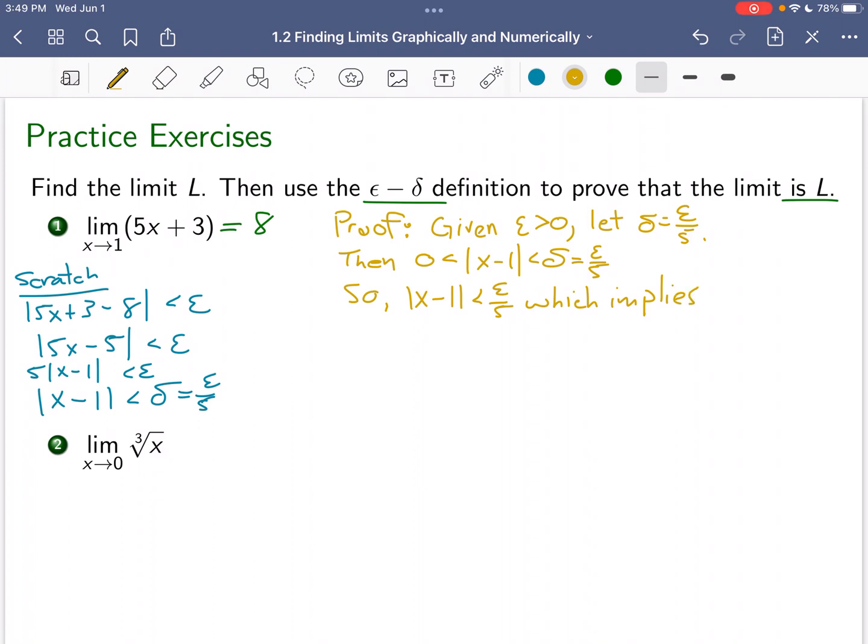really we're just taking the scratch work and we're going backwards with it. So it implies that the absolute value of 5x minus 5 is less than epsilon.